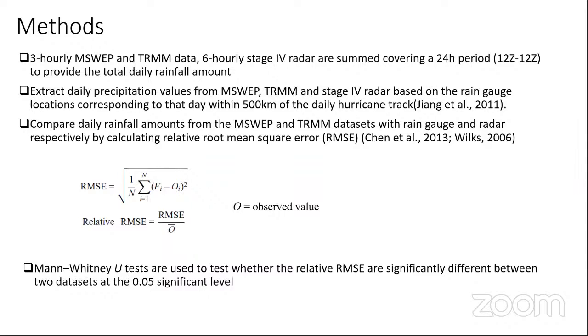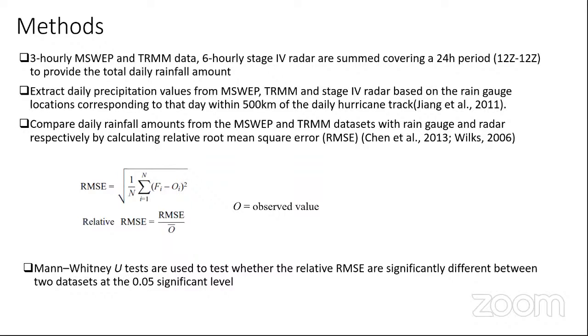Then we extract the daily precipitation values from the MSWEP, TRMM, and Stage 4 radar based on the rain gauge locations corresponding to the day within 500 kilometers of the daily hurricane track. The 500 kilometer is a very useful and important distance, since a lot of researchers agree that the rainfall happening within 500 kilometers of the TC should belong to the TC.